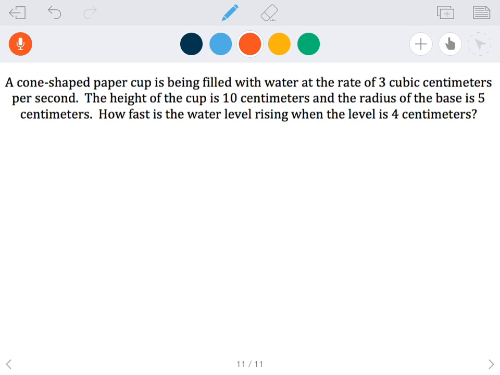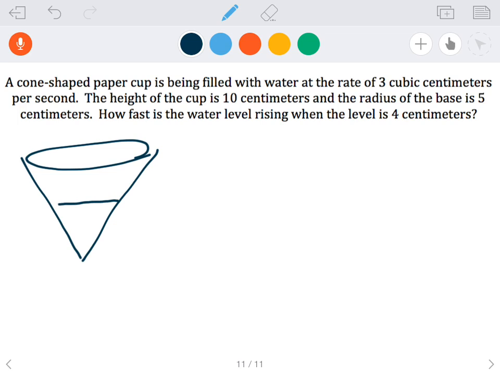A cone-shaped paper cup is being filled with water. I want to see a picture. I've got a cone-shaped cup, and I'm filling it with water. So there's some water in here. It's filling with water at the rate of 3 cubic centimeters per second.